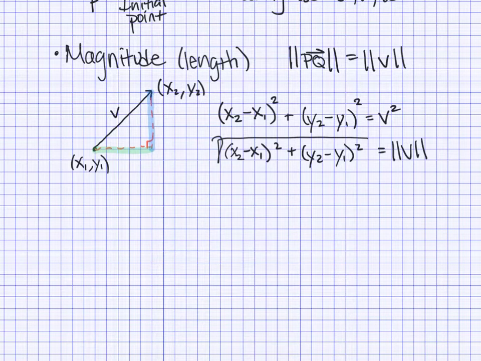Now I know I said we weren't going to work on direction until the next video. What I meant to say is we're not going to find the direction until the next video, but I do still want to talk about direction and just kind of what it is. Direction is about the placement of the terminal point.